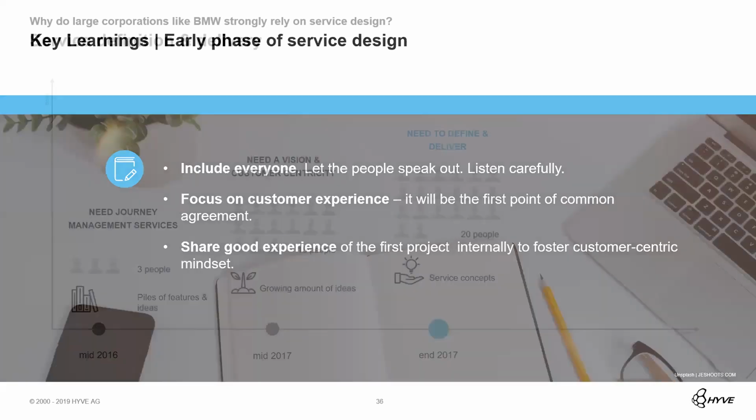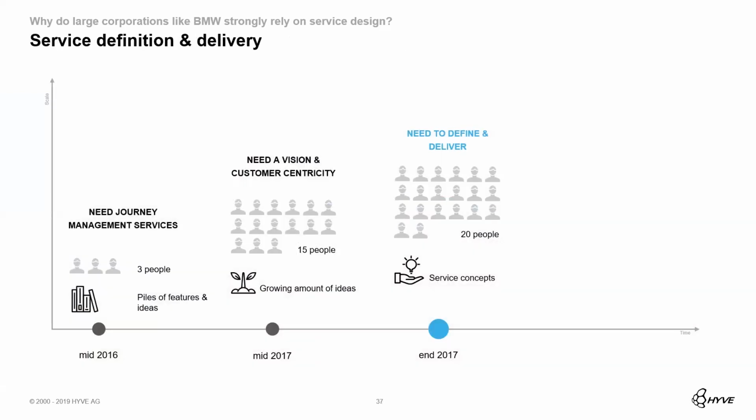So after that, there was another breaking point, because, well, now great, we have a very customer-centric vision, we have concepts, it's time to deliver and define the services and actually start delivering them. And in this case, the team, well, here it says 20 people, but then there were more stakeholders involved, in fact, and the structure was getting more complicated.